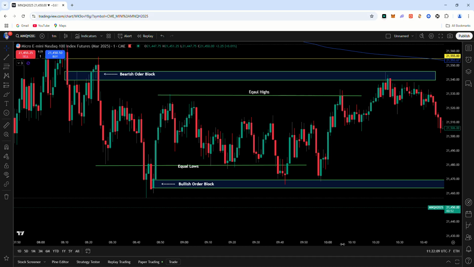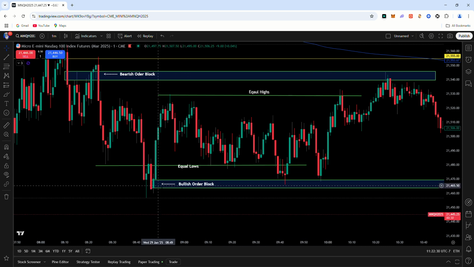What does it run into? Because you can see the liquidity grab, but you also have this extra confluence, which is the bullish order block at the bottom or the bearish order block at the top to go short. So let's get into it.